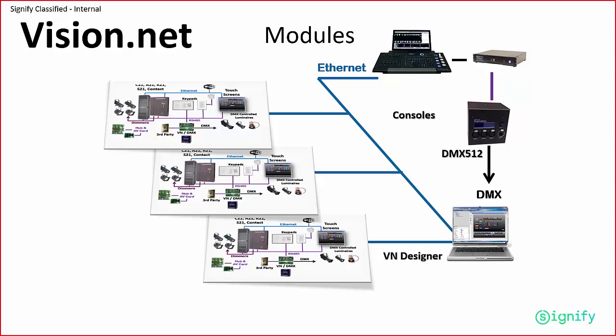So you can stack those and expand and increase, and now you can have Neo consoles or the Neo Playback Controller, you can have nodes, you can have VisionNet Designer that can communicate to all of this on a system-wide or campus-wide level of command structure. So this can all just continue to expand and add on as needed for the facility.